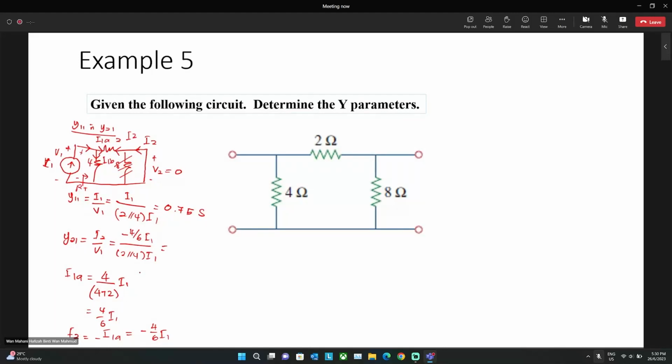So, negative 4/6, okay, divide with 2 parallel with 4. 2 parallel with 4 tu, kalau tak silap saya dapat 1.333, okay. So, negative 2/3 divide with answer, you akan dapat negative 0.5 Siemens. You punya jawapan untuk Y21 is negative 0.5.